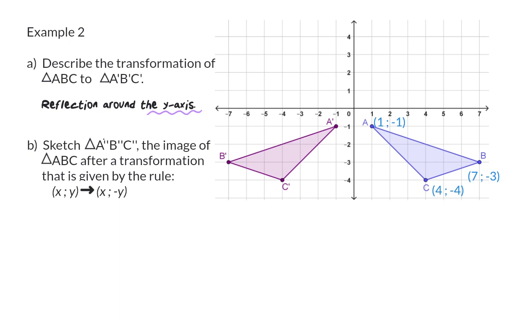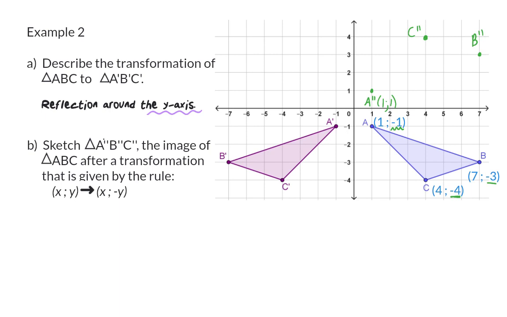So starting with point A, which has a negative y value, this will now reflect, and A double prime will be the coordinate of still 1, but now positive 1. Point C's y value of -4 will now change and become positive 4, and the y coordinate of B, which is -3, will change to a positive 3.